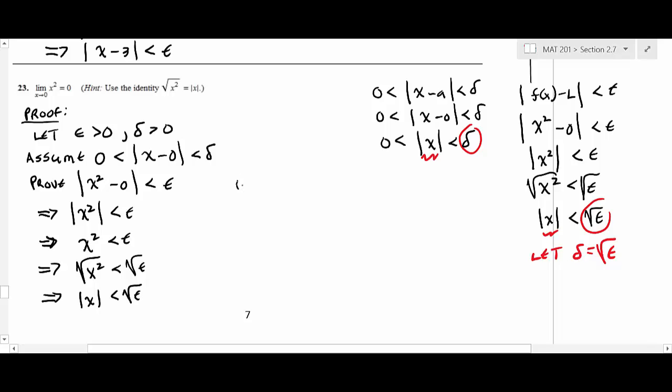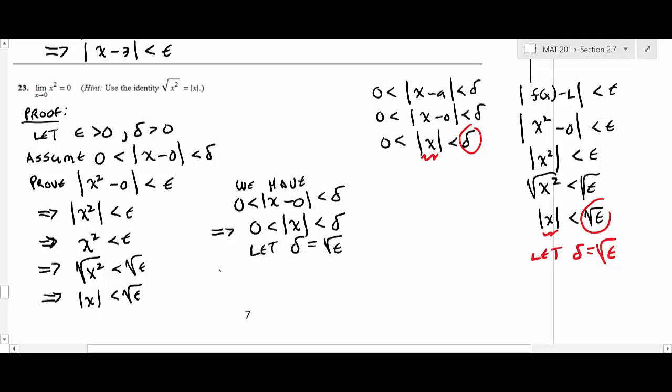Okay. Then over here we can continue by saying we have 0 less than absolute value of x minus 0 less than delta. And from there we would have 0 less than absolute value of x less than delta. Then we can let delta be equal to the square root of epsilon.